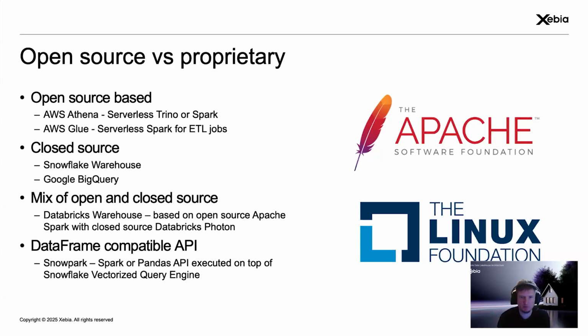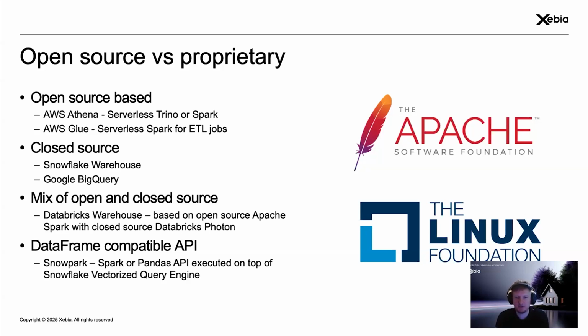For example, when we are using Databricks Warehouse, Apache Spark is the core of their platform, and Apache Spark is, of course, open source, but Databricks Photon is closed source. So this is in some way a mix of open source and closed source solutions.